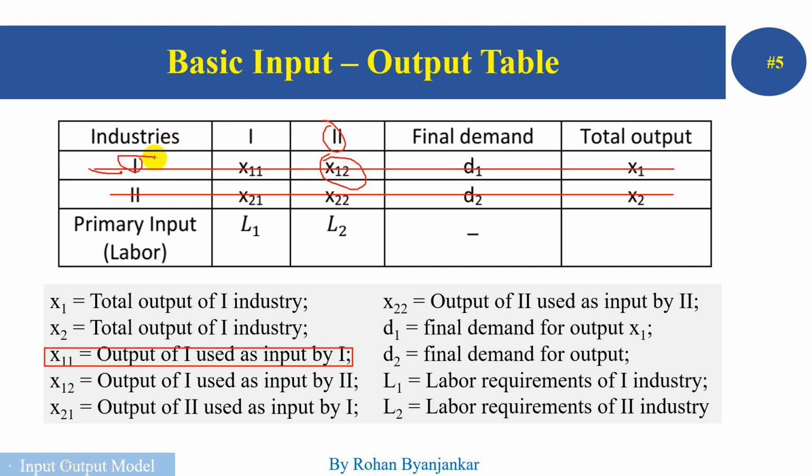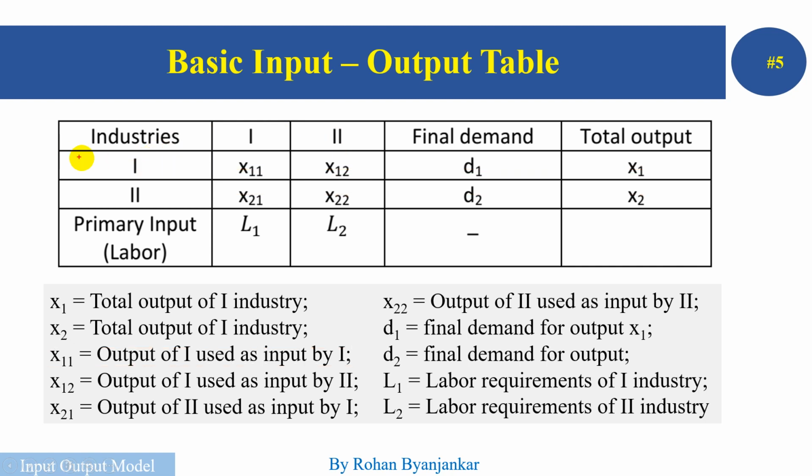So this row shows the supply of industry 1, and this column is actually the demand by industry 1. Why is it demand, and why is it cost?